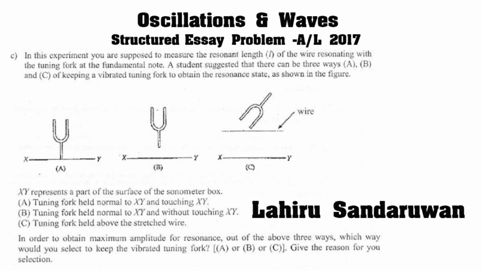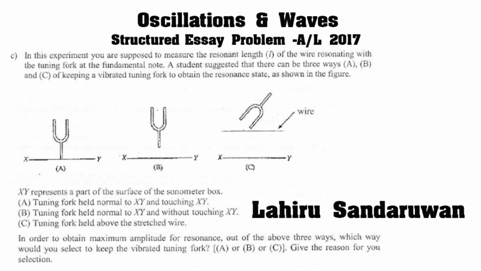Then part C. In this experiment, you are supposed to measure the resonance length L of the wire resonating with the tuning fork at the fundamental note. The student suggests that there can be three ways, A, B and C, of keeping the vibrating tuning fork to obtain the resonance state, as shown in the figure.